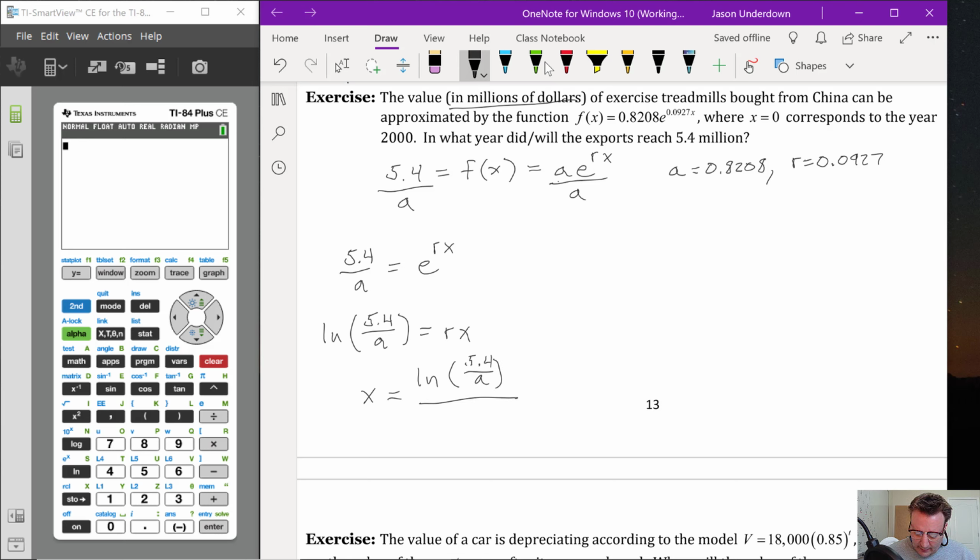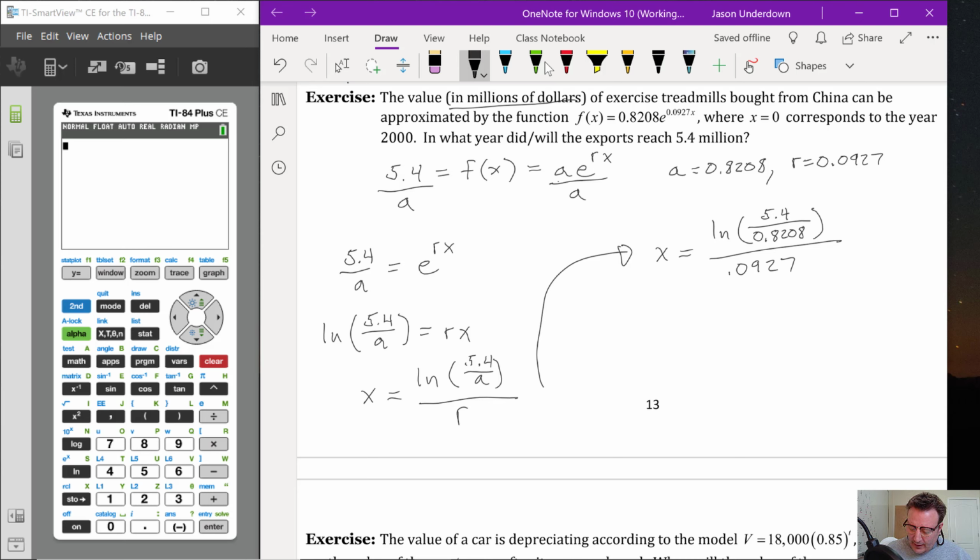all divided by r. Okay, so now finally I'm going to plug in the values for a and r. So x is going to equal the natural log of 5.4 over a, which is 0.8208, divided by r, which is 0.0927.